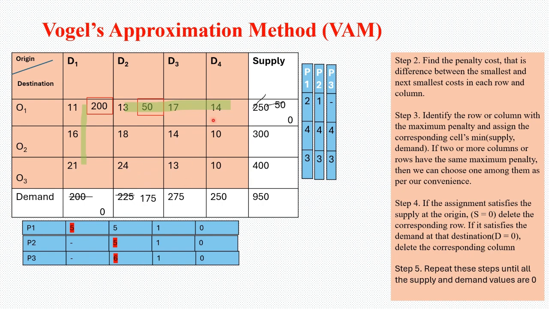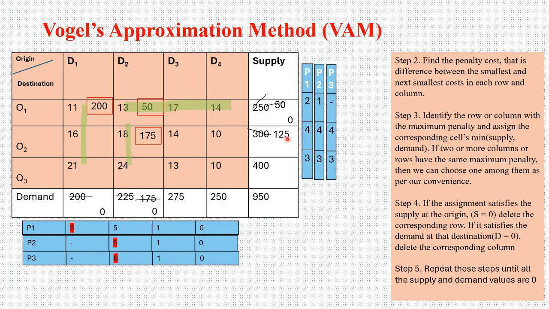Now among all the penalties, 6 of the second column is maximum. The minimum cost in column 2 is the cell with 18. Corresponding supply is 300 and demand is 175. 175 is less. Hence assigned value is 175. 175 minus 175 is 0 and 300 minus 175 is 125. Demand is 0, so delete the column.